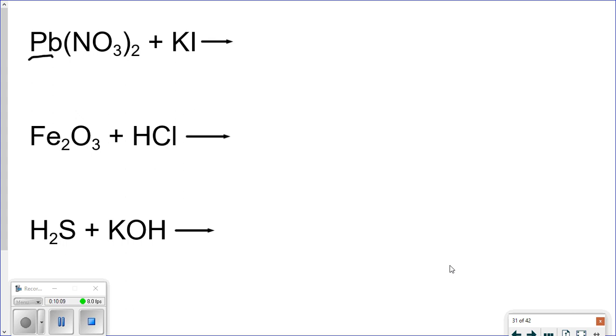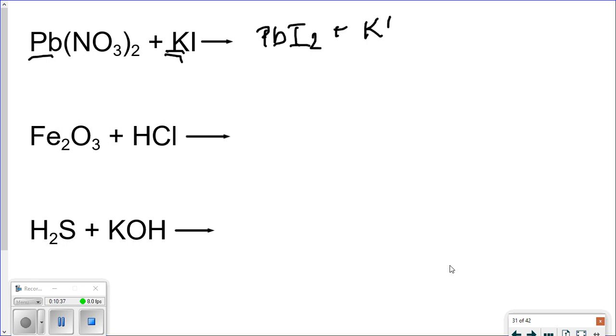So in our first example, lead nitrate and potassium iodide, lead and potassium are trying to switch places. So lead will now pair up with iodide, and it was lead 2, and iodide's a negative 1, so it will be PbI2. And potassium is now going to pair up with nitrate.